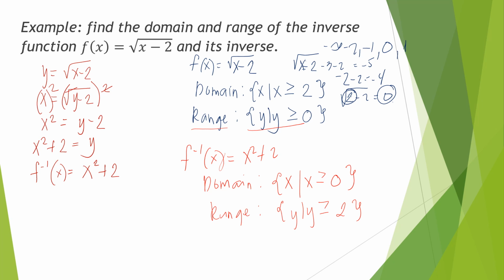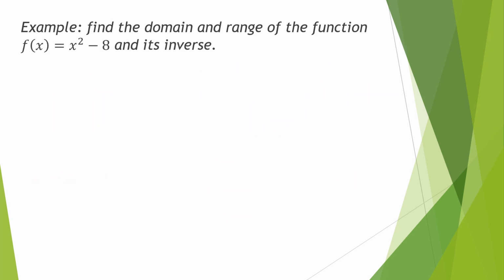Okay? So, next problem. The example is the function again, f of x is equal to x squared minus 8. This is the original function. So, we get the inverse first. That is y is equal to x squared minus 8. Interchange. So, x is equal to y squared minus 8. Then, solve for y in terms of x. So, we transpose the negative 8 to the other side. That will become positive 8.